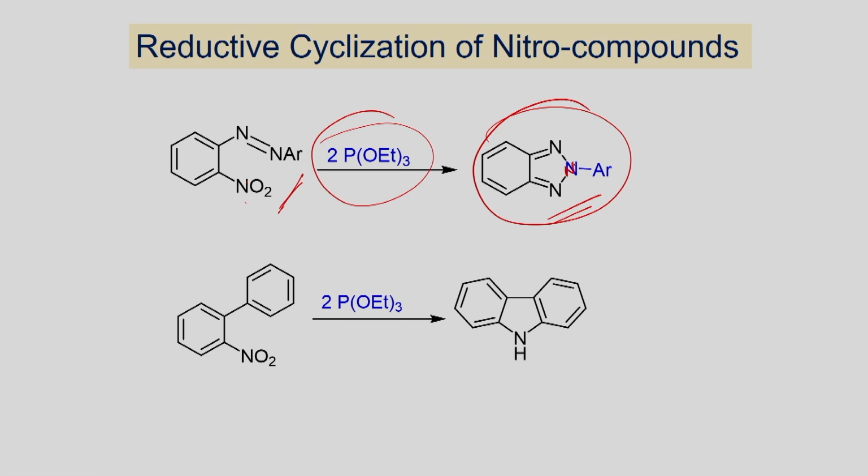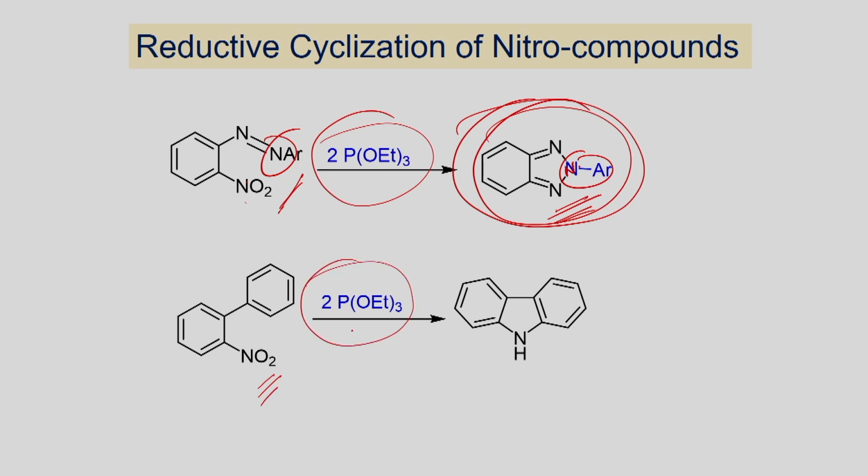and produce this. You can form the triazole as the product. And now let us look at this compound. This compound also can similarly undergo reaction with this triethyl phosphite, and you form the nitrene.